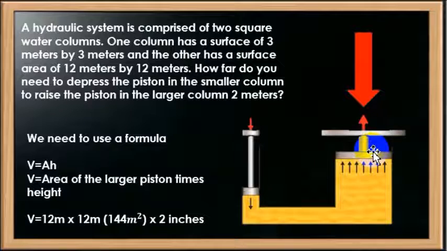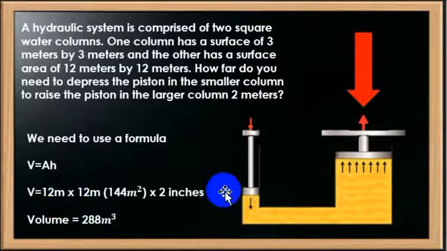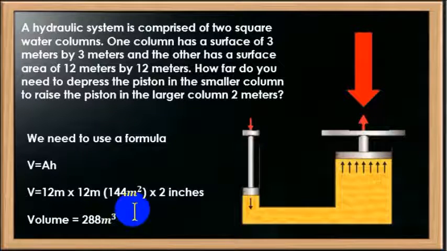We have 144 square meters and 2 meters, and we multiply that and get 288 cubic meters. Now this number's never going to change, and we just apply it to the other side.